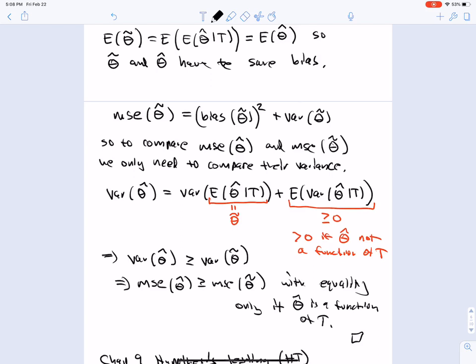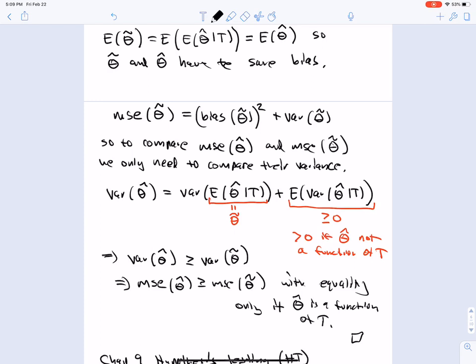And so what we can see is that the expectation of the variance of theta hat conditioned on t is greater than or equal to 0, because the conditional variance is obviously greater than or equal to 0. So we're going to have a strict inequality exactly when theta hat is not a function of t, because when theta hat is a function of t, then the variance will be 0, and so the expectation would be 0.